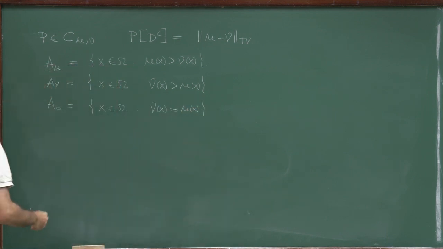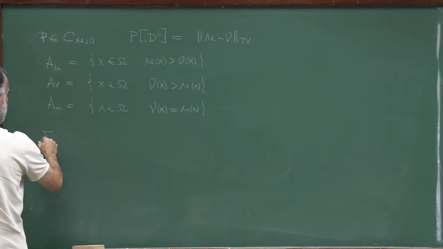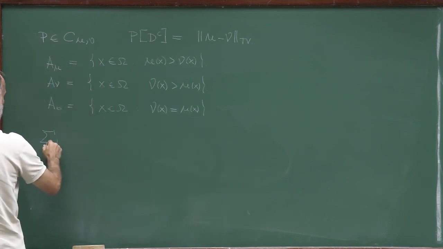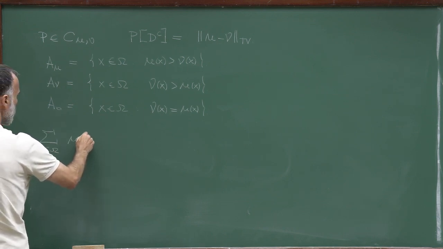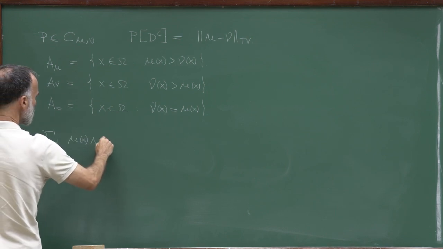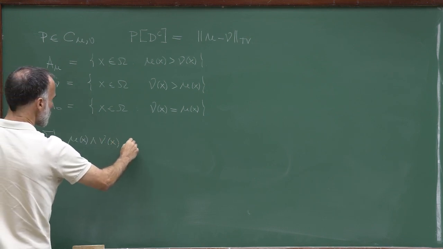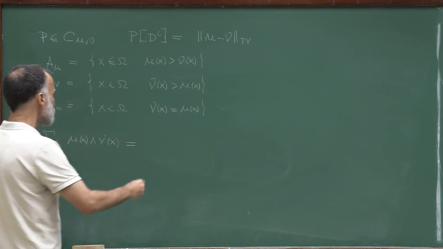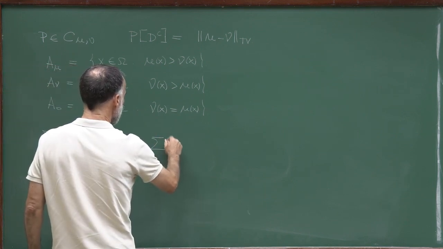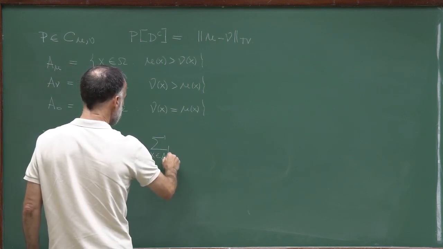And so now, if I sum over x in omega of the minimum of mu x and nu x, let me compute this quantity. Well, I will decompose according to these sets. So that will be the x in A mu.